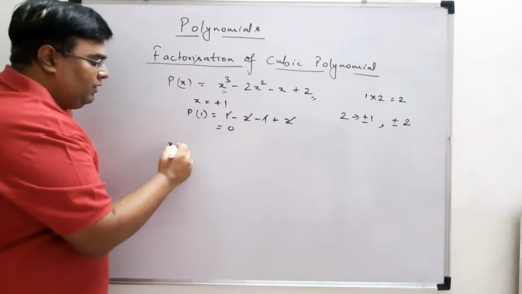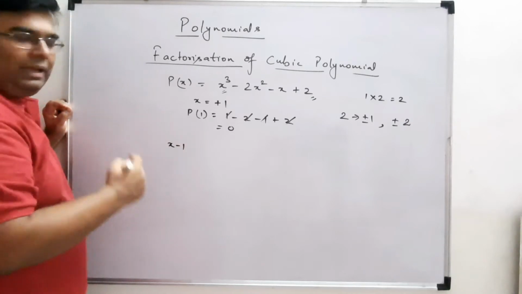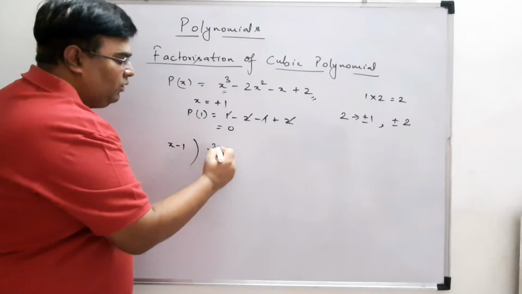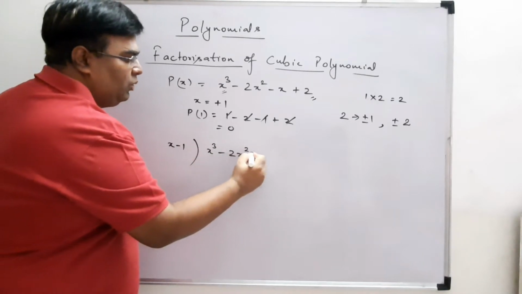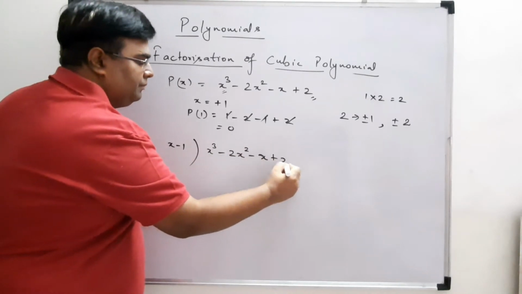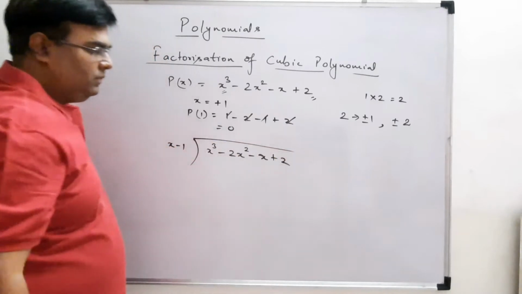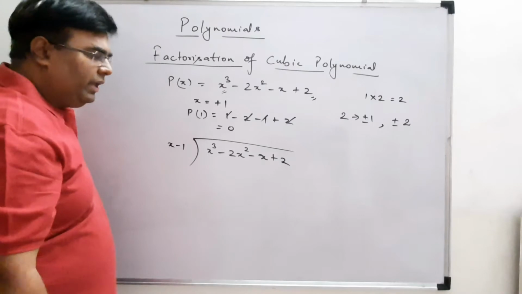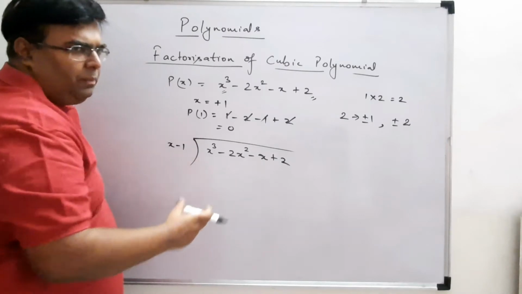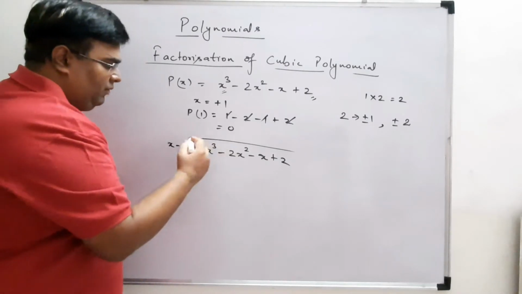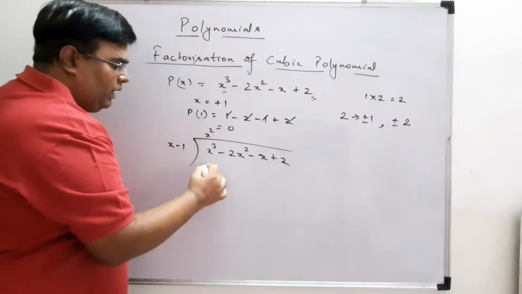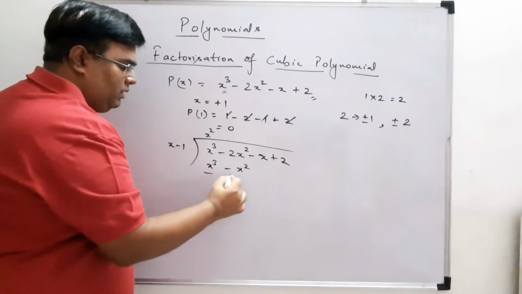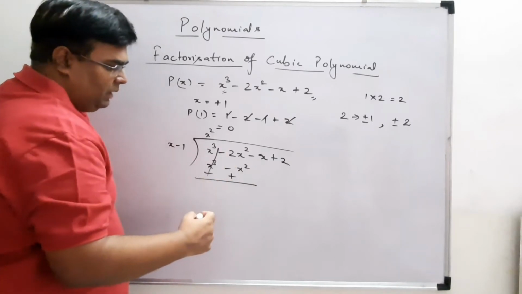So our next step will be to take x minus 1 and divide the original polynomial by it, either by long division or synthetic division, whichever method you take. Because it's a simple polynomial, I am taking long division. So x cube minus x square cancels.